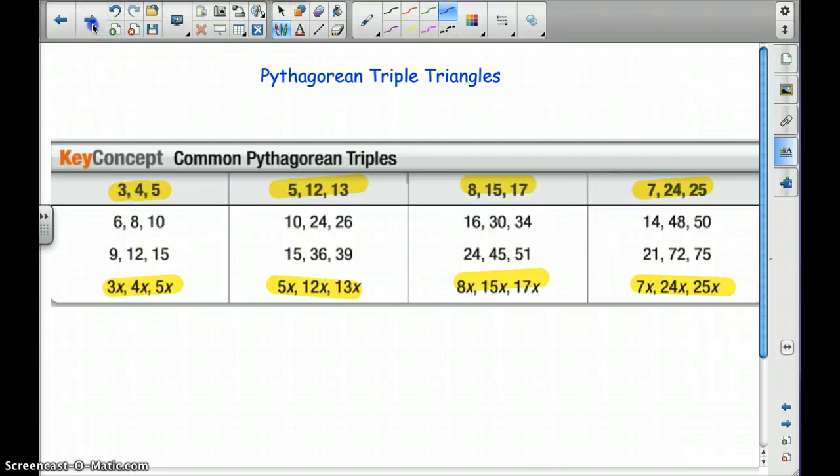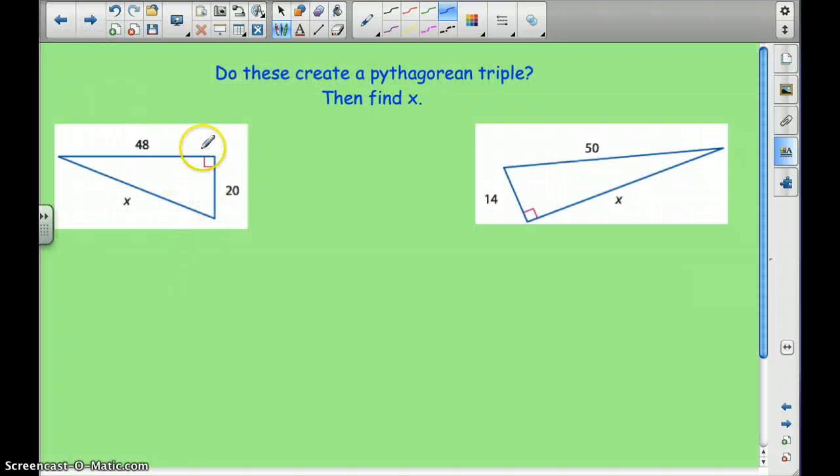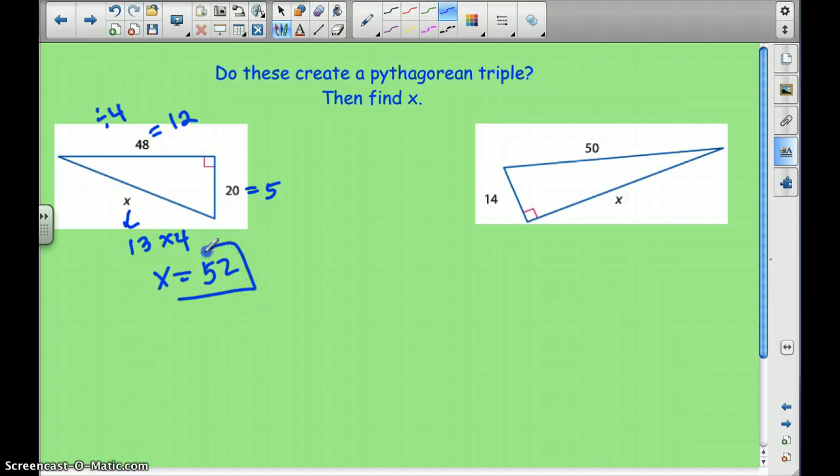Well, let's go ahead and divide by 4. 48 divided by 4 is 12, and 20 divided by 4 is 5. So x isn't just going to be 13, it's going to be 13 times 4, because all of these are multiples of 4 in this Pythagorean triple, 12, 5, and 13. So x is going to equal 52.